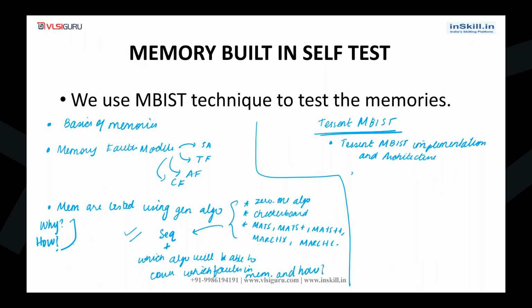Then we will cover the Tessent MBIST operation protocol. While understanding the Tessent MBIST operation protocol, there will be various signals like the setup signal, MBIST PG enable signal, go signal, done signal, go bit, done bit.